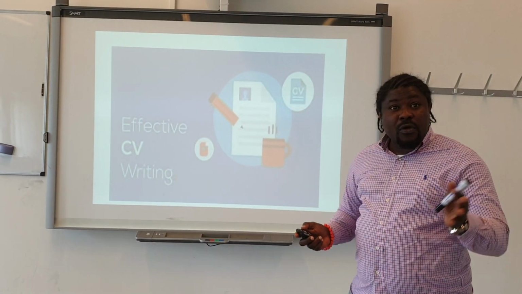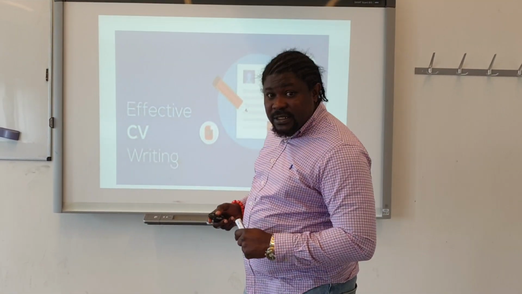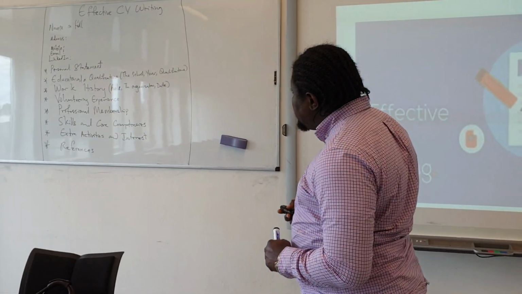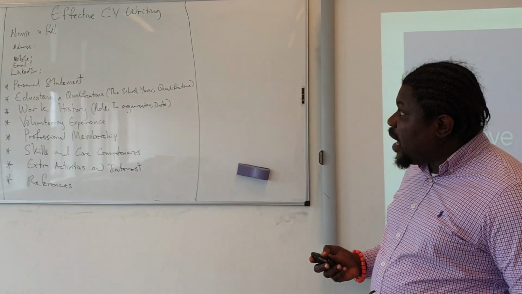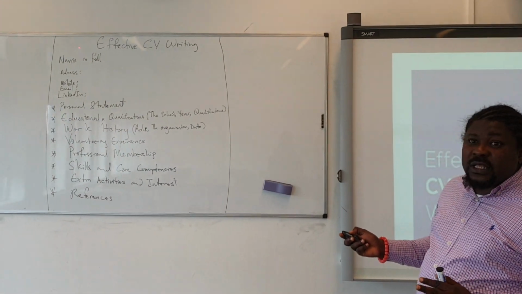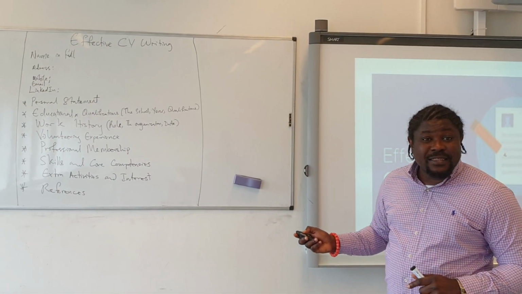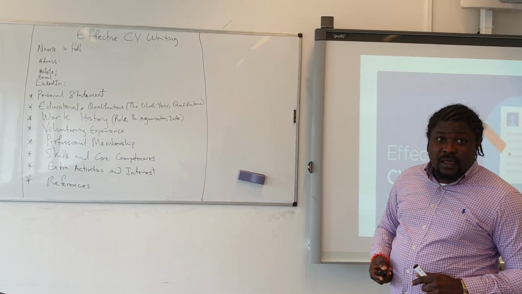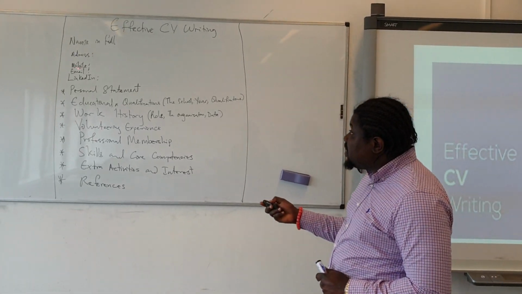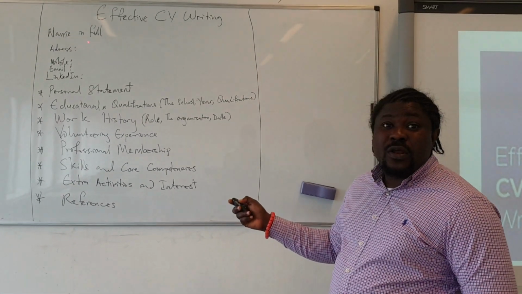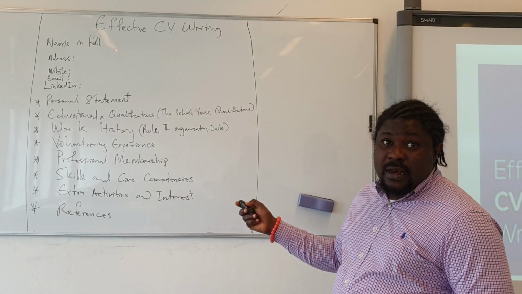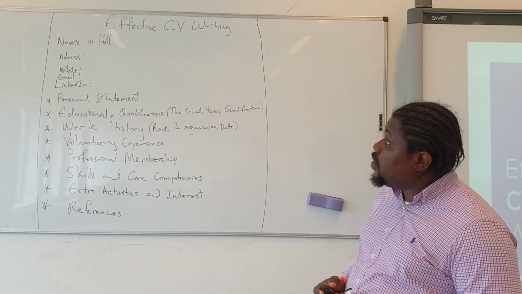Let's enjoy. If you come with me to the whiteboard, please, you will see that I have prepared on the whiteboard all the sub-headings that you need to find on your CV. Your CV needs to start with your name, and your name in full. That must be the first thing that we see on your CV.